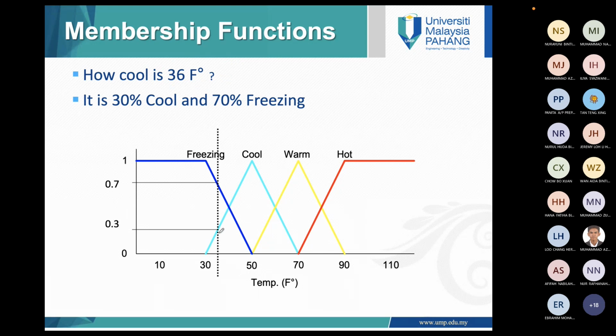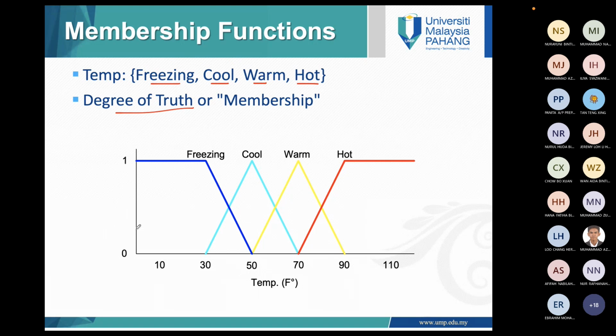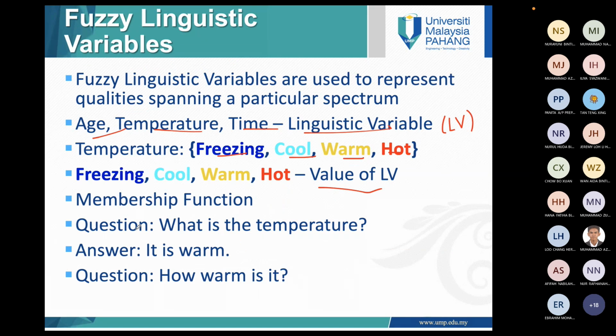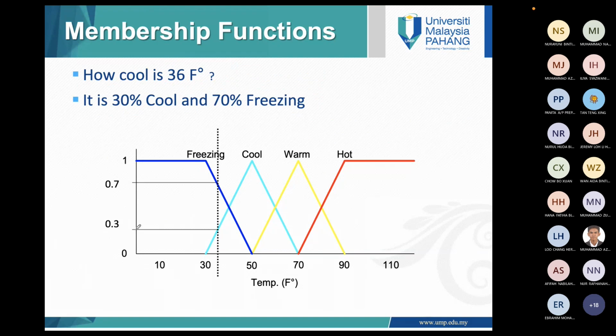Then you navigate to the degree of truth of membership. You have two values here, 0.3 and 0.7. We convert it into a percentage.